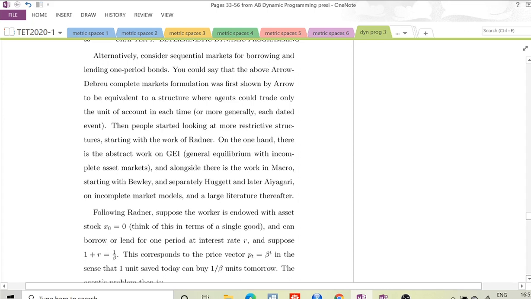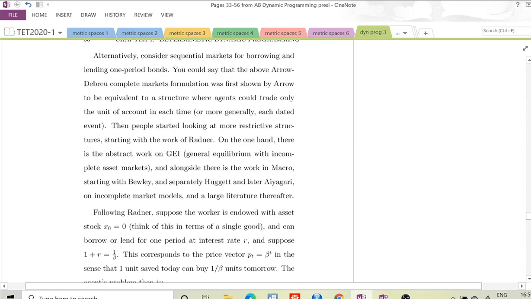So what Radner started was, well, what happens if instead of Arrow-Debreu, I have something where, let's say, a simple problem, the worker or the consumer is endowed with some asset stock x0 equals 0. That's just to associate it with the Arrow-Debreu specific example that we were working with, right?